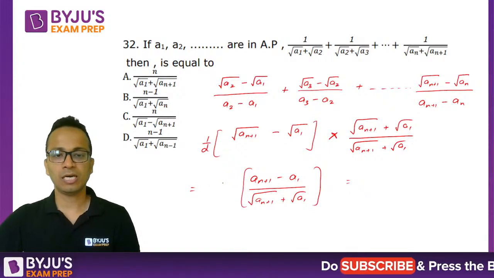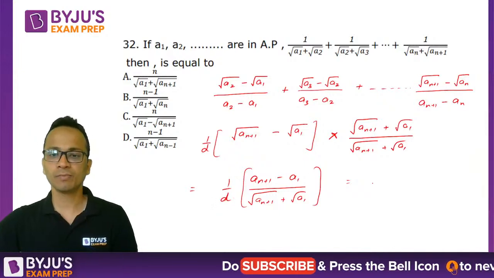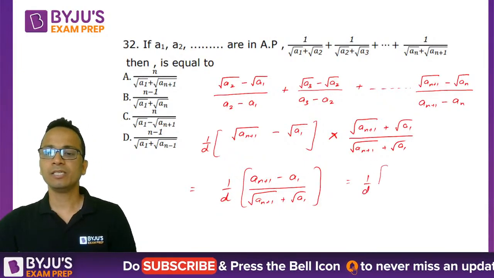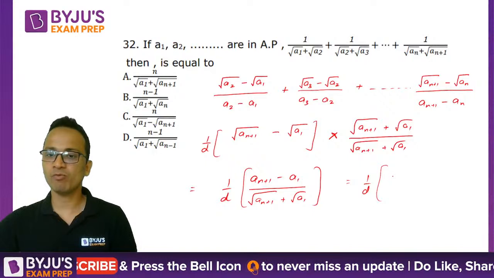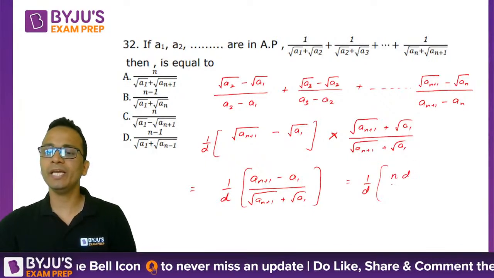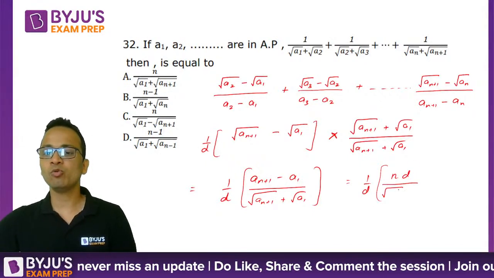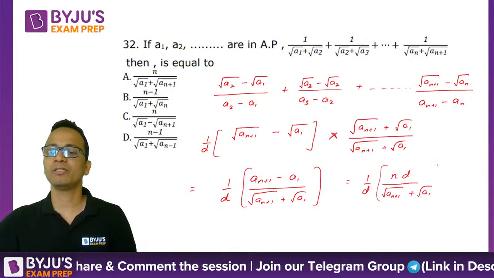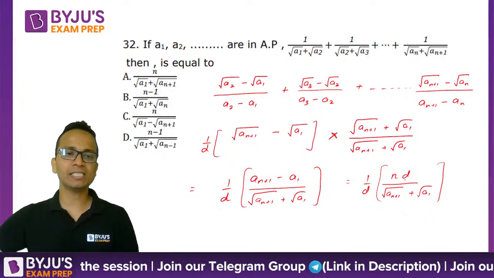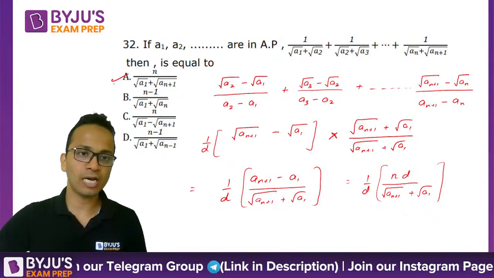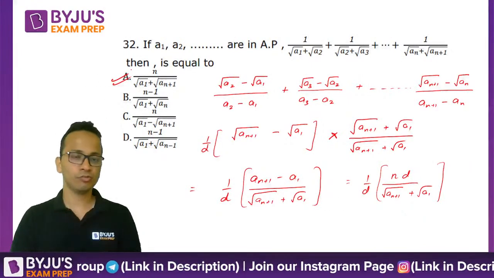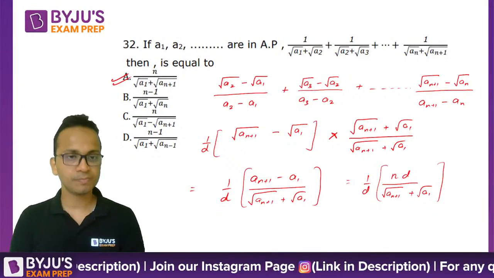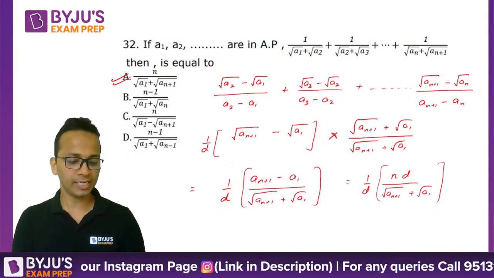So outside I have 1 upon d. So 1 upon d as it is. Now a n plus 1 minus a1 will be equal to n into d and under root of a n plus 1 plus under root of a1. D and D will get cancelled and you can see that your answer is matching from option A. Okay, so option A is the correct answer.